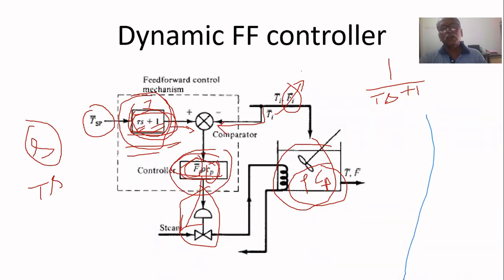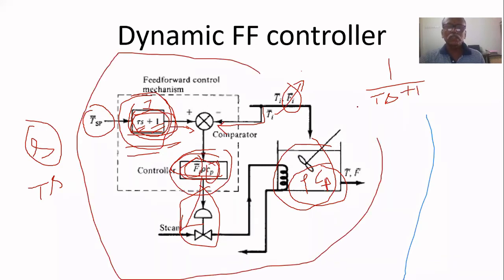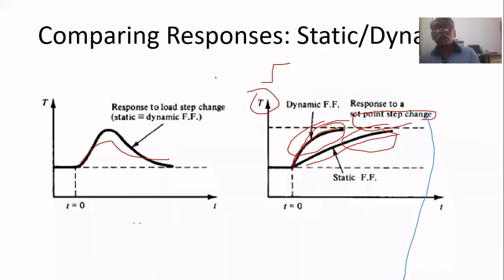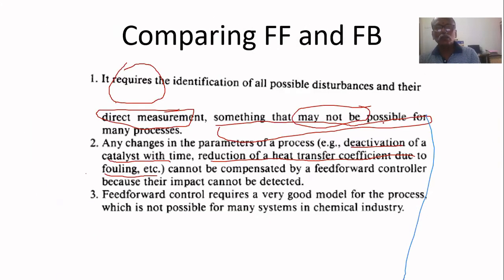If these are all incorrect values, it will also introduce a disturbance. How to reject that disturbance? There is no way to reject the disturbance by this feed-forward controller. That's why the feed-forward controller cannot be used alone. It should be used along with the feedback controller.